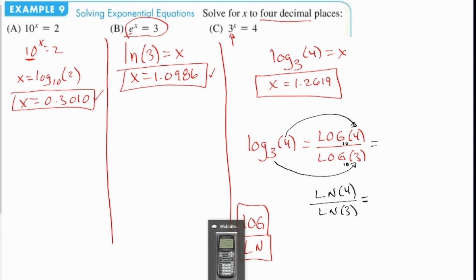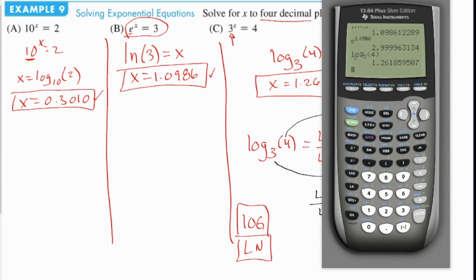So let's look at this in our calculator. We put in log base 3 of 4 and got this answer. But now if I do log 4 divided by log 3, because maybe my calculator doesn't have that fancy way to put logs of all bases in, I need to use this technique, and I get the same answer. And if I press the ln button instead, we get the same answer.